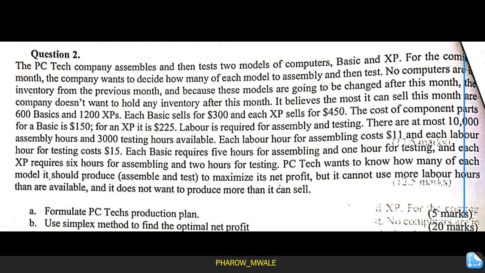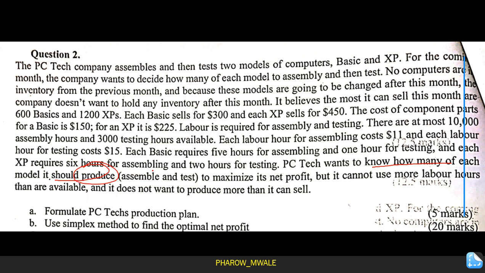We are told that the company wants to know how many of each model. It has two models, basic and XP. It wants to know how many of those models it should produce.